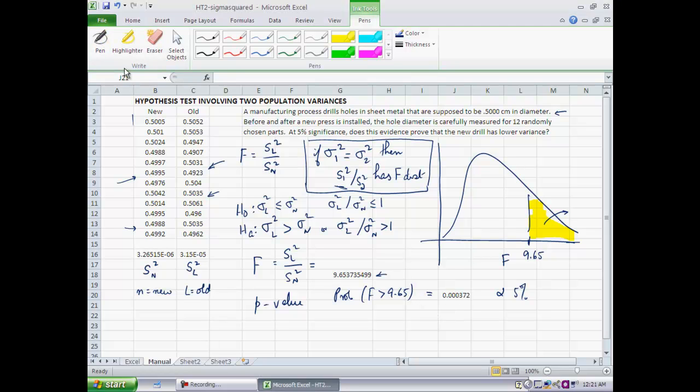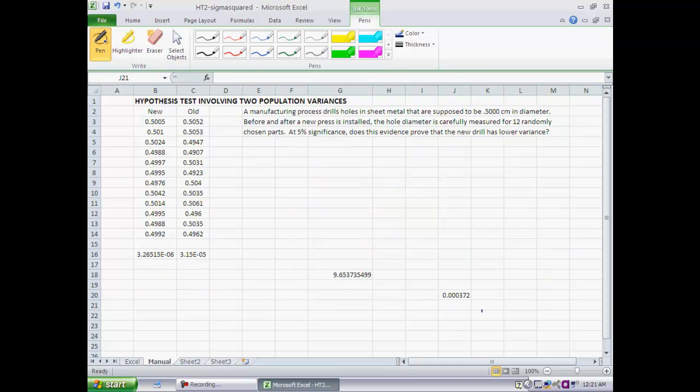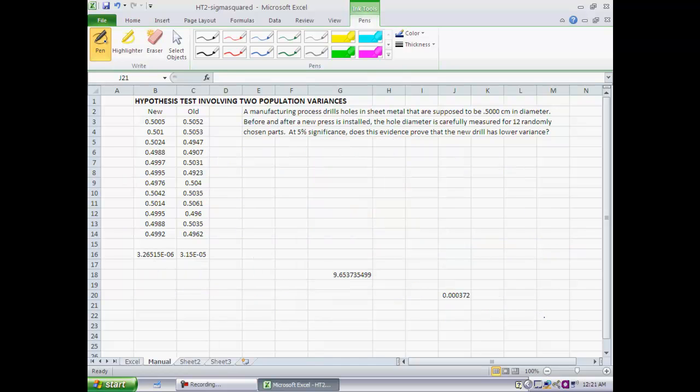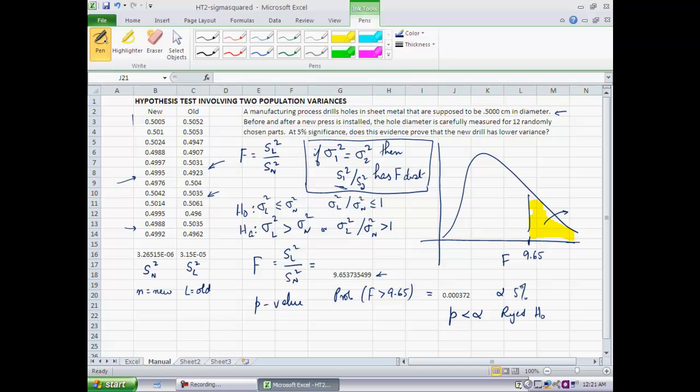So the situation we have here is that the p-value is less than alpha. In fact, it is much less than alpha. So I end up rejecting the null, because it is highly unlikely that we would see such an extreme test statistic if the null were true as an equality.